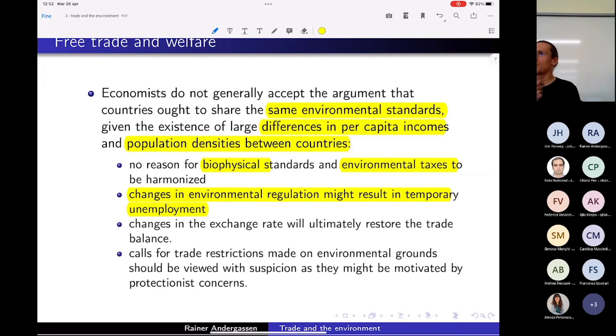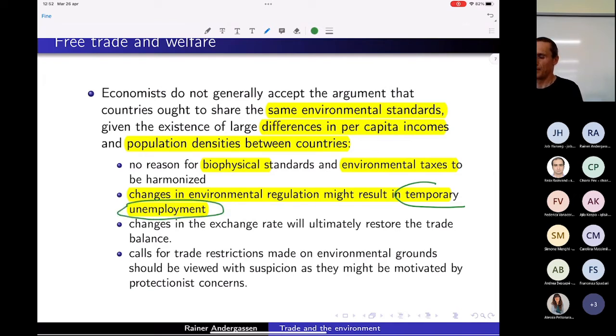And what this may lead to is temporary unemployment. Because clearly, people working in heavily polluting industries can now lose their jobs because industries are shut down or just moved abroad.